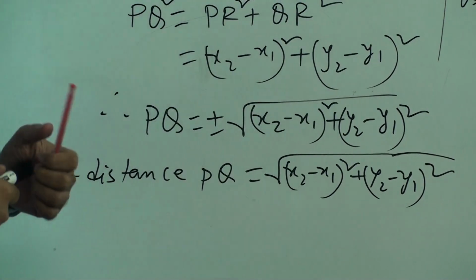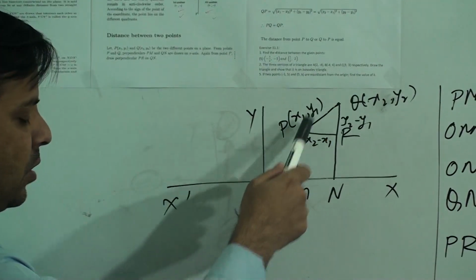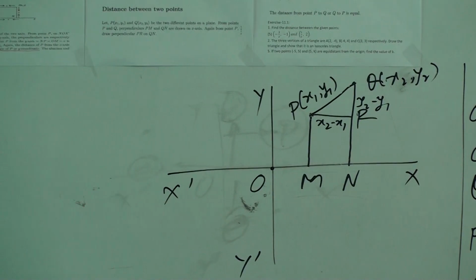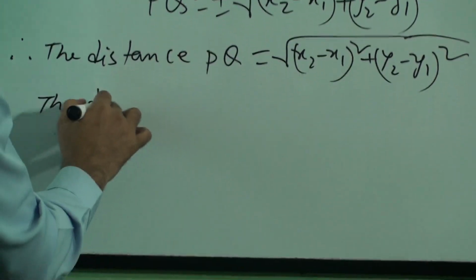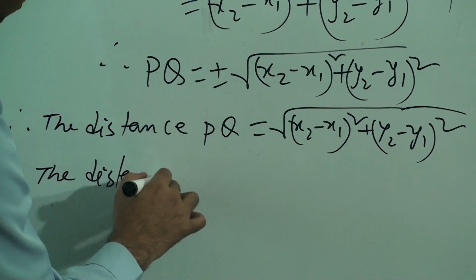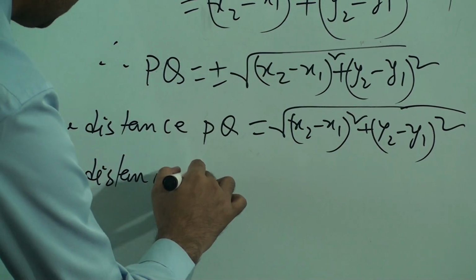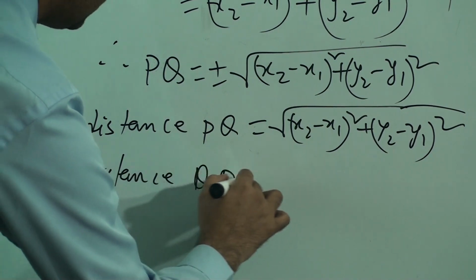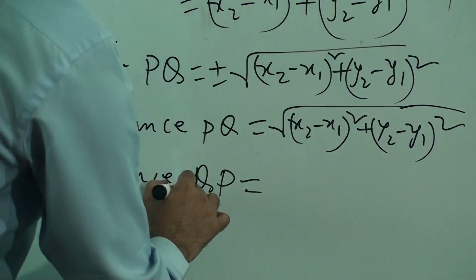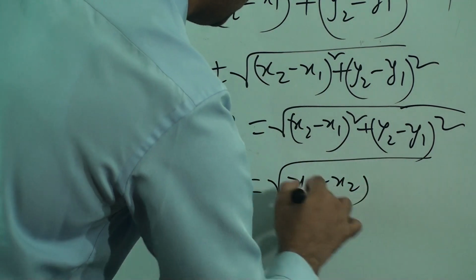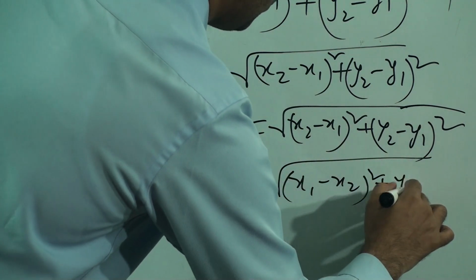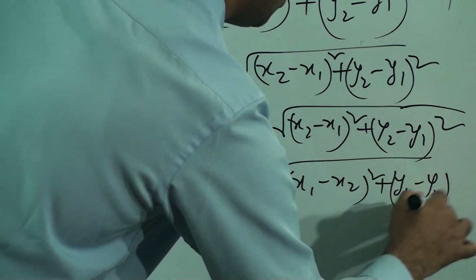We can determine the distance from Q to P also. The distance will be the same. In that case we will get the distance QP. In the same process we can determine QP, the distance from Q to P, that will be the square root of x1 minus x2 whole square plus y1 minus y2 whole square.